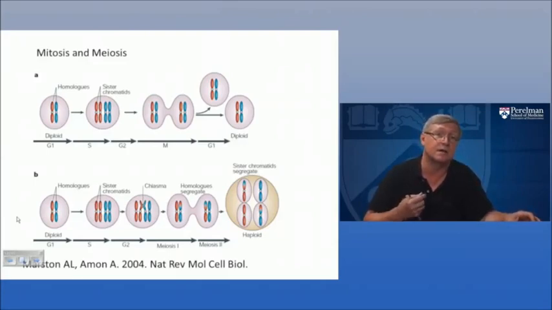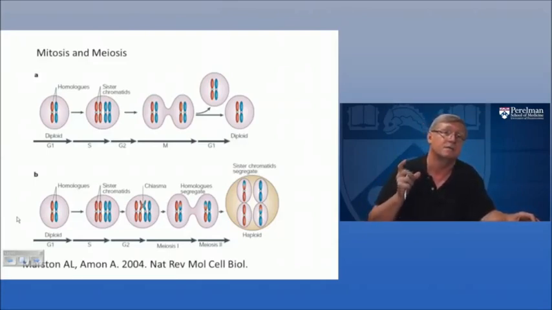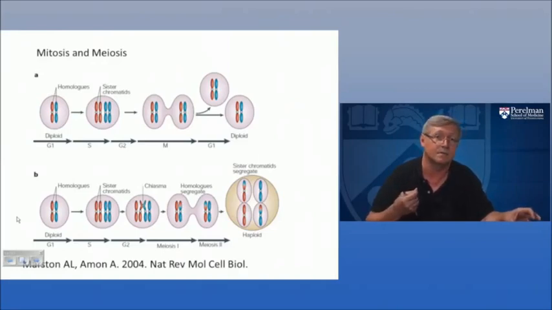So you start out with a single chromatid. The chromosome is replicated, so you have two chromatids joined at the centromere. At mitosis, those chromatids separate into daughter cells, and so you end up with exactly what you started out with, a diploid daughter cell with a genome that's basically identical to what you started with.